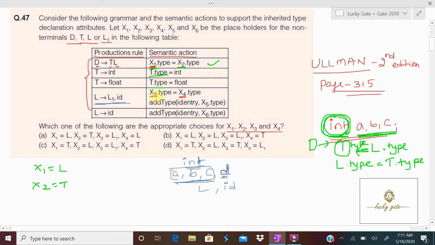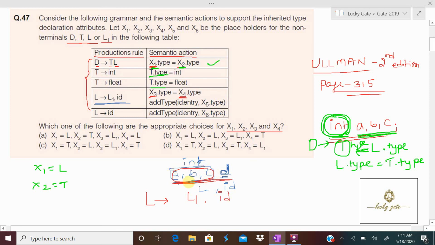So what you can expect x3 and x4 now? Now we have to specify the type of D. Now we have to specify what is x3 and what is x4. Now this declaration is somewhat similar to L tends to L1 comma ID. Okay, now what is the type of ABC?